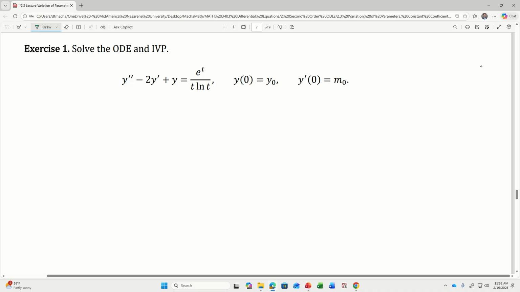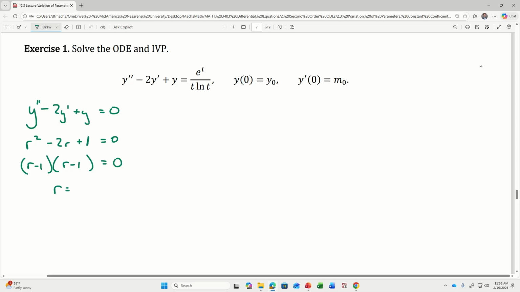Okay, solve the ODE and IVP. So we've got another second order non-homogeneous equation. What we do first is we pretend it's homogeneous. If it were homogeneous, this is what it would look like, and the characteristic equation would look like this. The solutions to my characteristic equation, I think we can factor this: r minus 1, r minus 1.